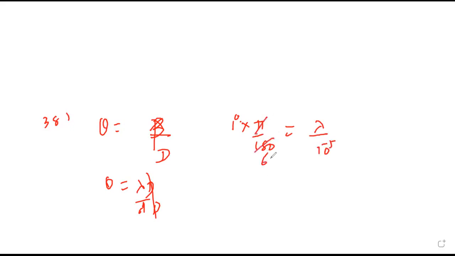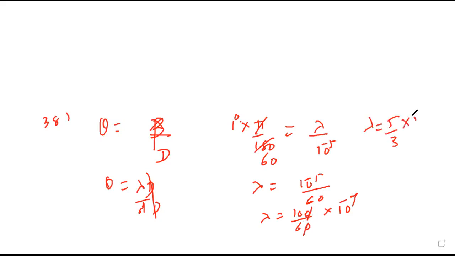So 3 into approximately 60. So 10 raised to minus 5 upon 60. 100 upon 60 into 10 raised to minus 7, you get that. So that is nothing but 5 upon 3 into 10 raised to minus 7.